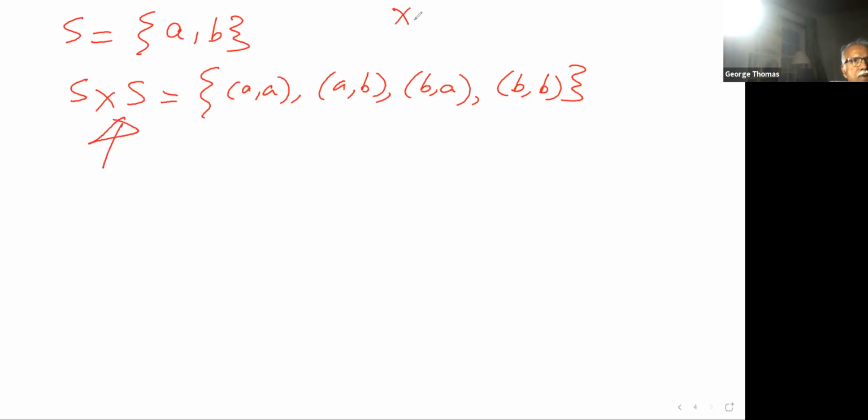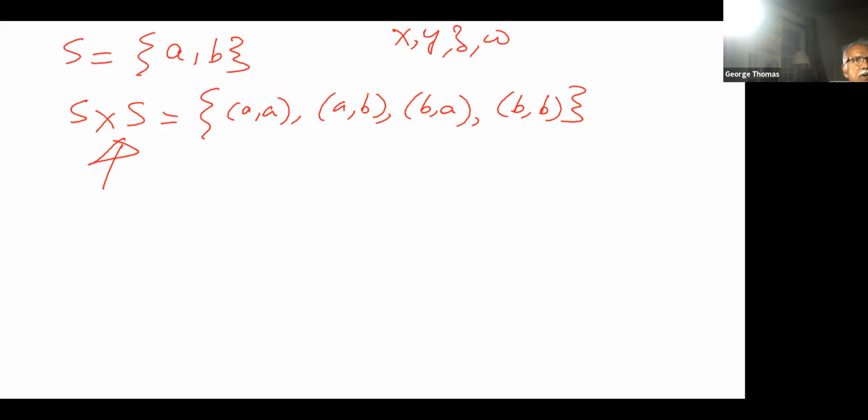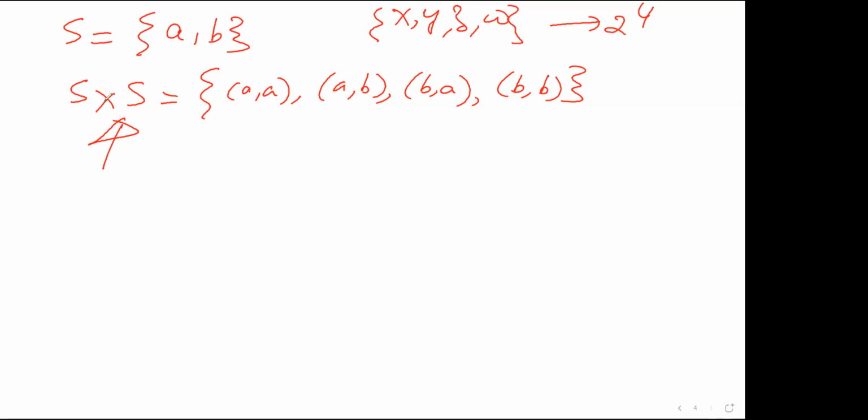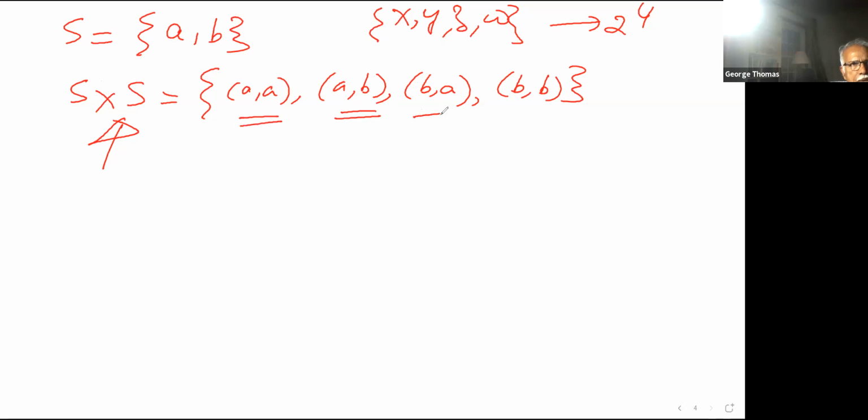Just like X, Y, Z, W has 4 elements, and that gave you 2 to the 4 subsets. How many subsets does this set have? 2 raised to 4, because it has 4 elements. The elements of this set are pairs, whereas the elements of this set are like AB. Is this distinction clear?